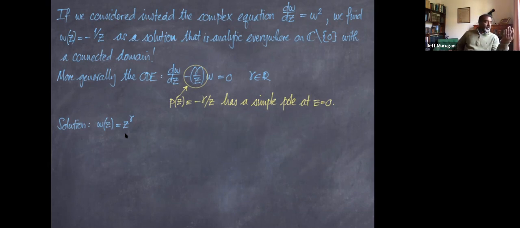It's a higher order pole if gamma is -2, etc. Or if gamma is, let's say, a half, in which case my solution is the square root of z, then I have what's called a branch point at z equals 0. The point here is that clearly the parameter gamma in the coefficient of the differential equation is actually determining the analyticity properties of the solution.